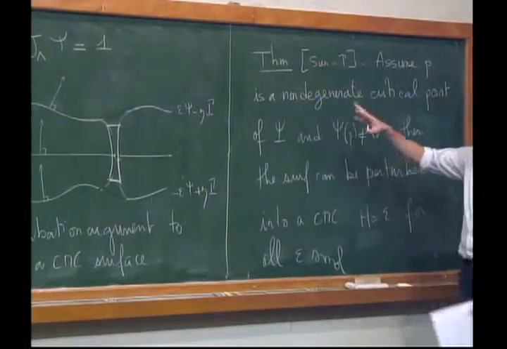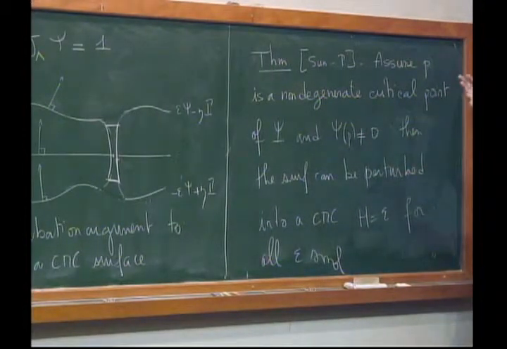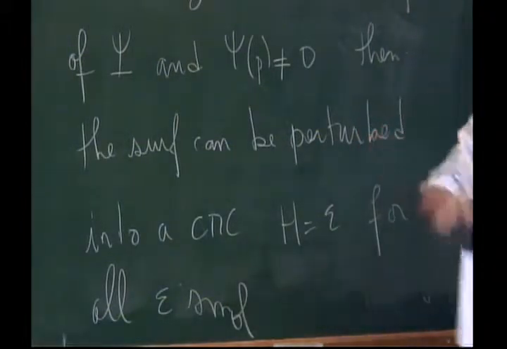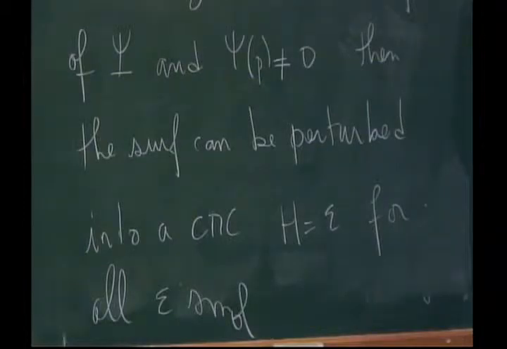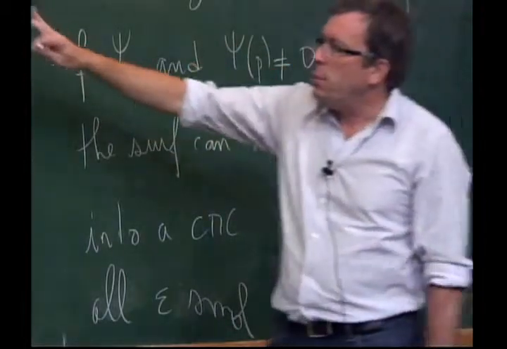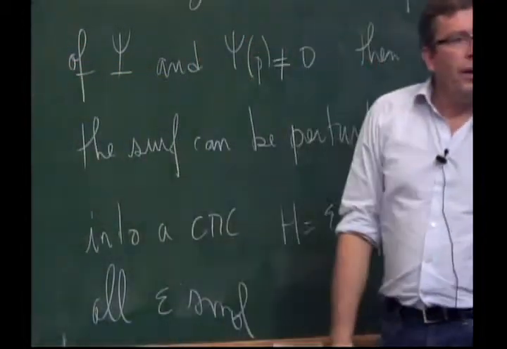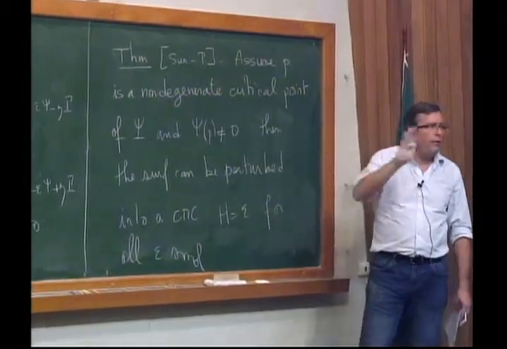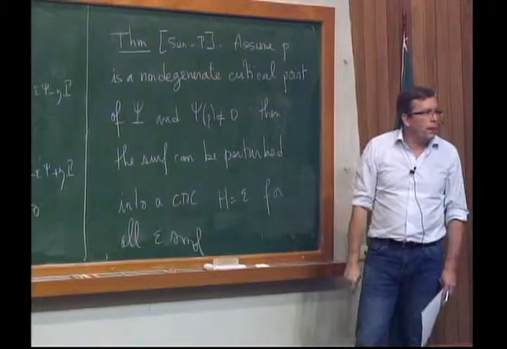But if the minimal surface you start with is stable, then in fact psi does not change sign, and then you can get embedded surfaces. Then it doesn't matter if it is a maximum or a minimum. But what is very weird is that the construction doesn't work if you're not at a critical point of the function psi.